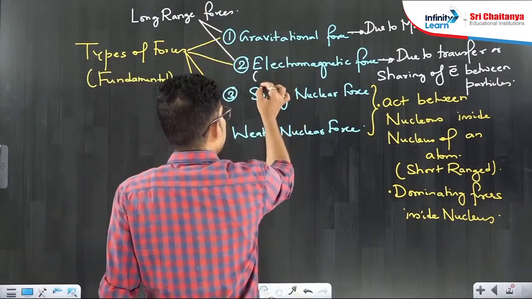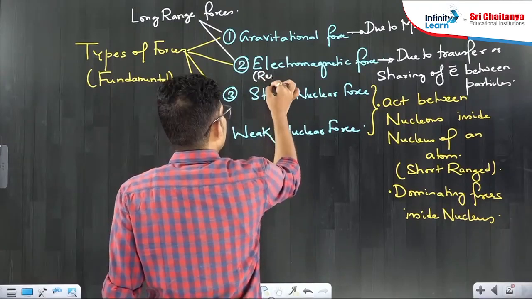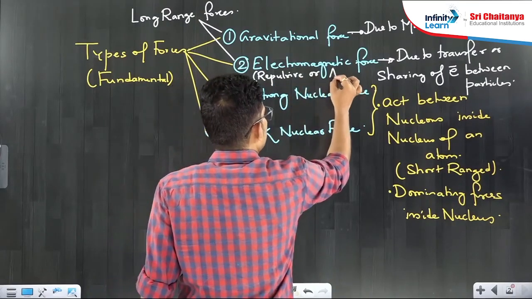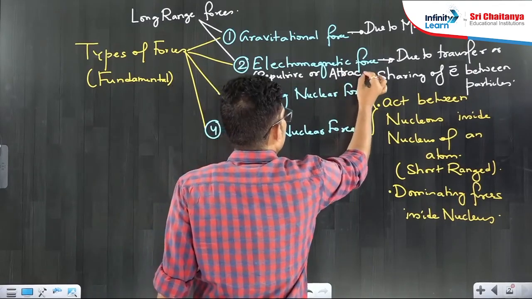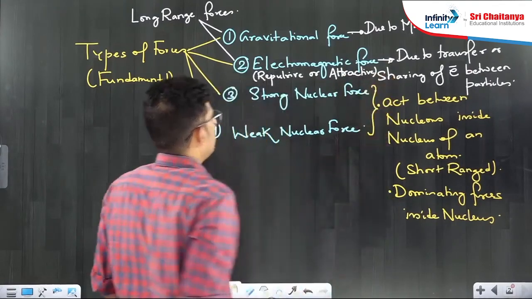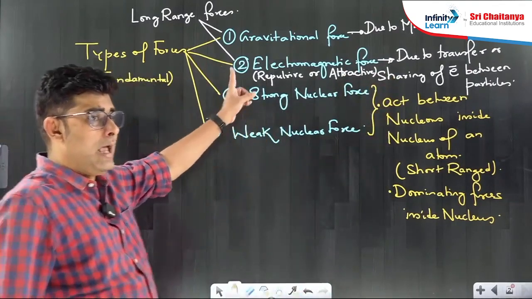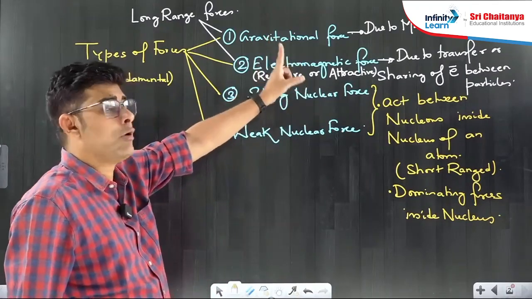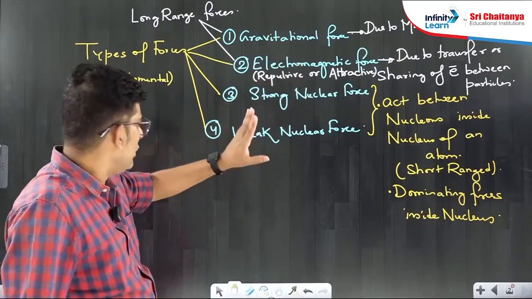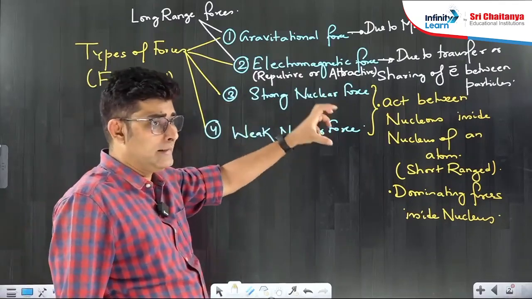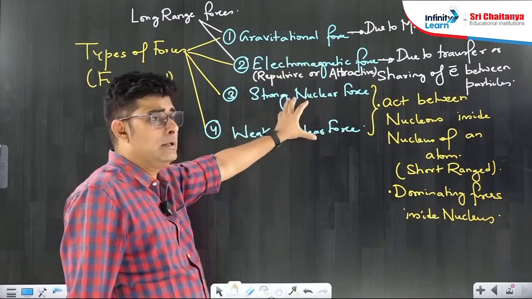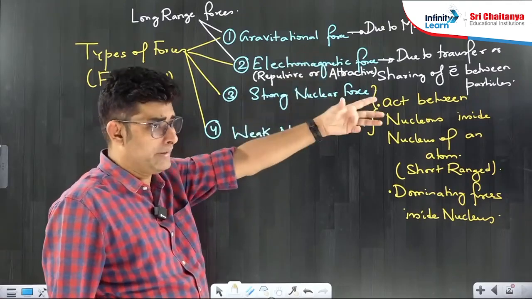Electromagnetic forces can be repulsive and also attractive, but gravitational forces are always attractive. Nuclear forces also in some cases are repulsive, that you will study later in the chapter dedicated to it, which is modern physics.